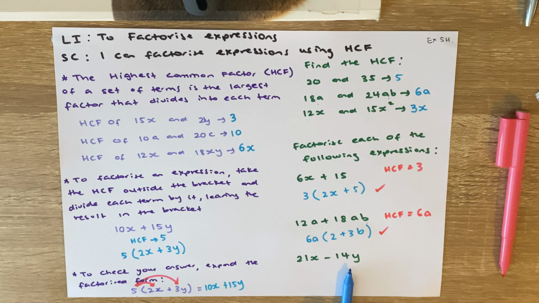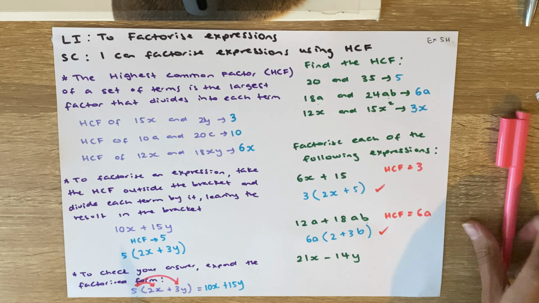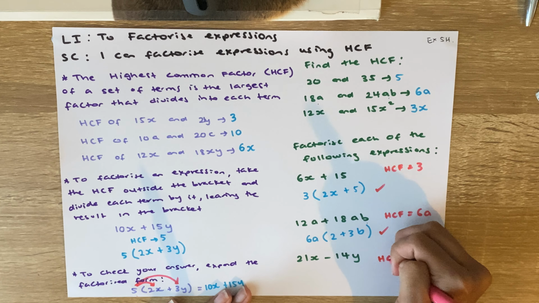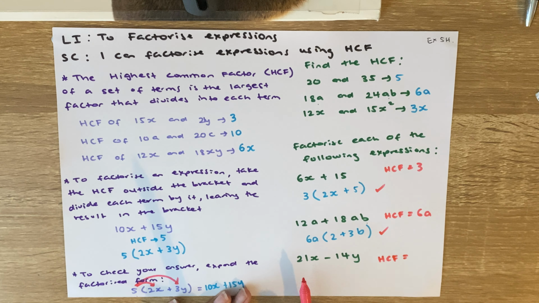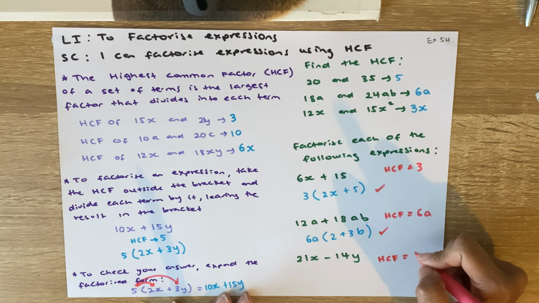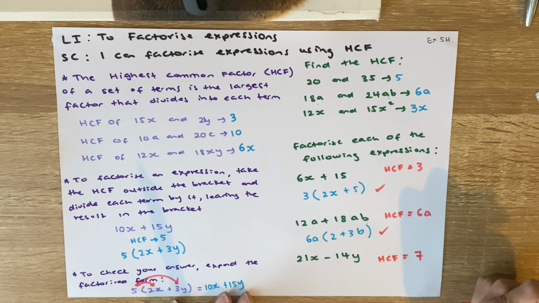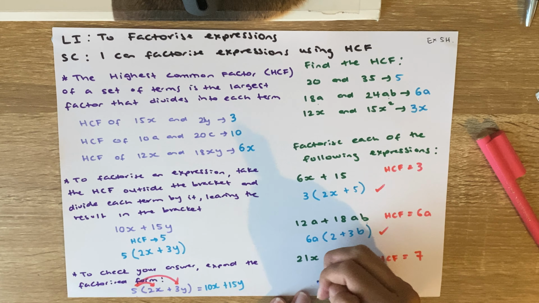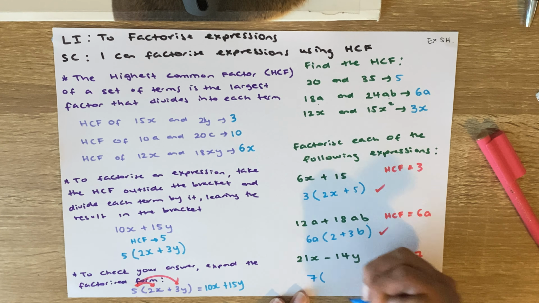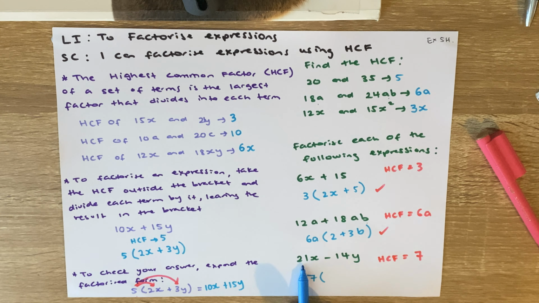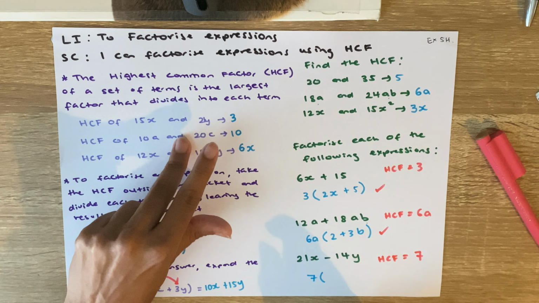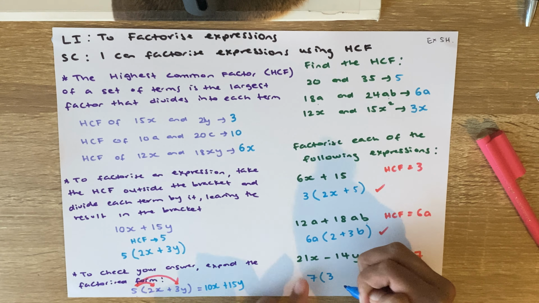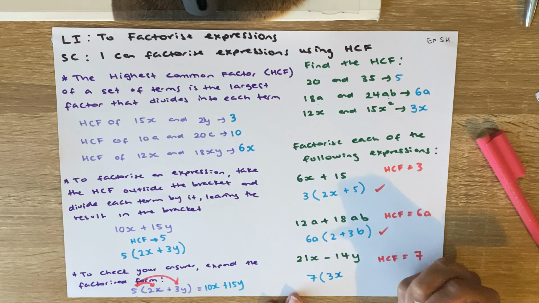All right, lucky last. 21x take away 14y. We've got to look at our highest common factor for this one. What number goes into 21 and what number goes into 14? That is the number 7. And for my letters, I've got an x and a y. There's no common letter, so we leave it. I'm going to put my highest common factor outside my bracket. How many times does 7 go into 21? 7, 14, 21, that is 3 times, and there's an x there, so I include it.